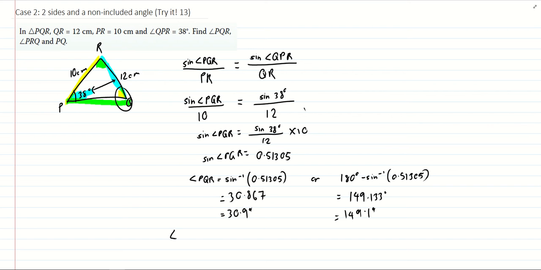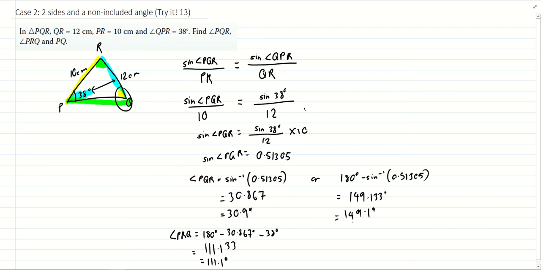So we know that PRQ equals 180 degrees minus 30.867 minus 38 degrees, and I will get 111.133 degrees, and rounding off to 1 dp, 111.1 degrees.